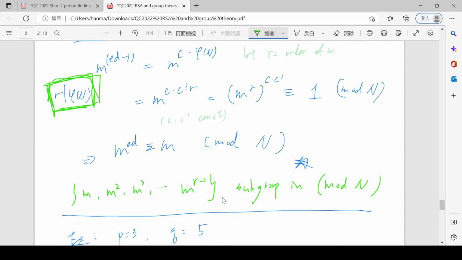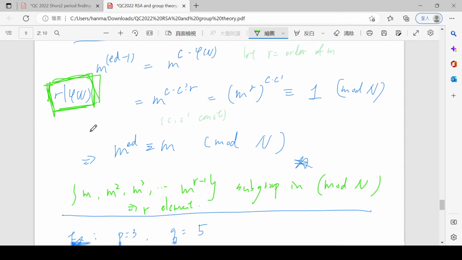Once again, we know there are R elements. So this is where all our discussion on the multiplication group mod n is useful.